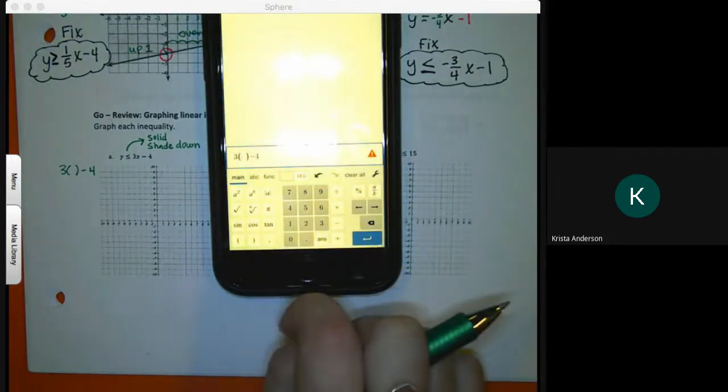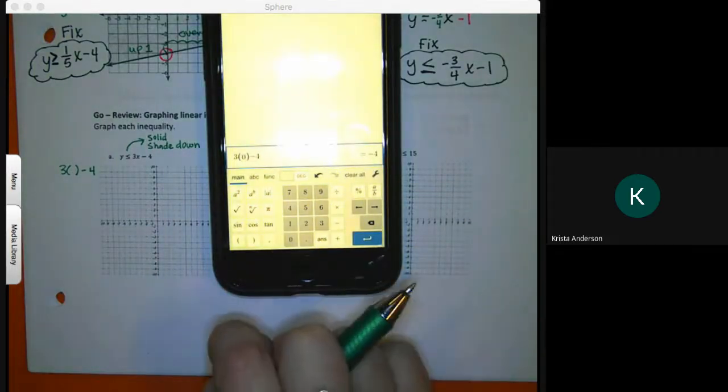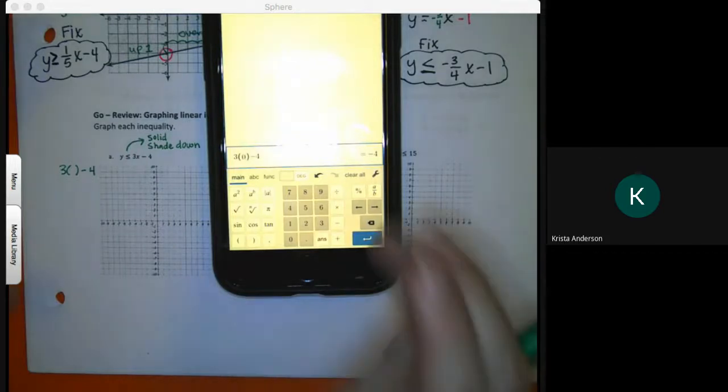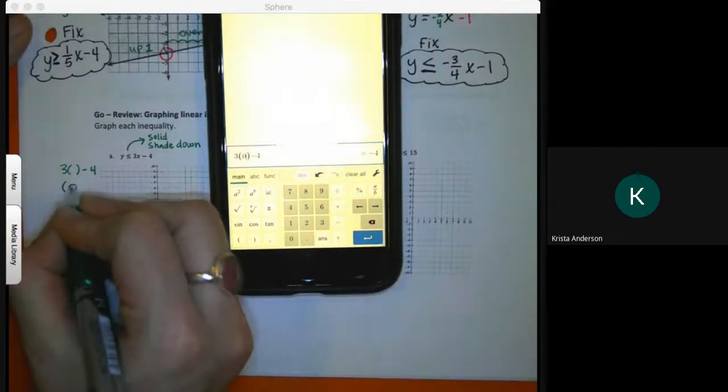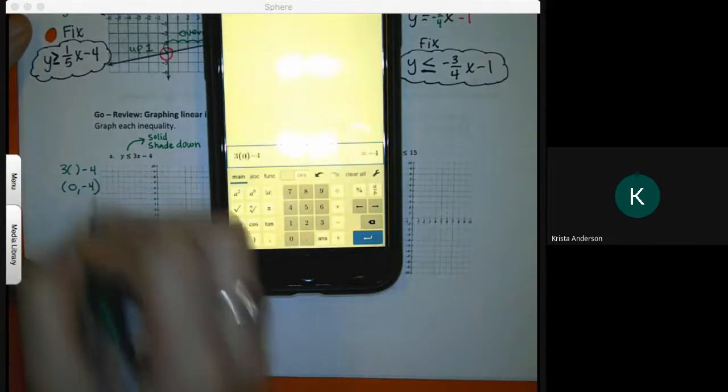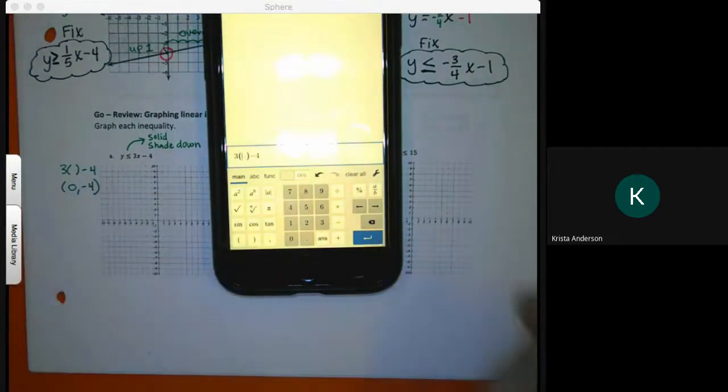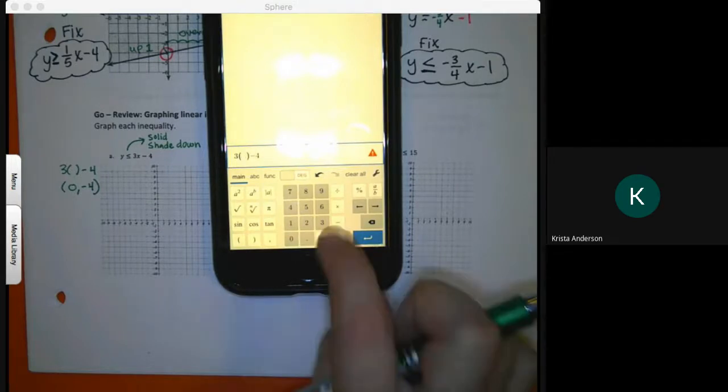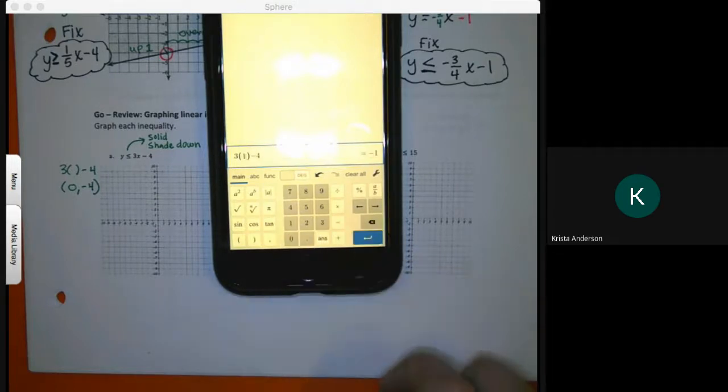If I plug 0 in, the output will be at -4. Pick one more number to substitute in. 1. 1 is at -1.